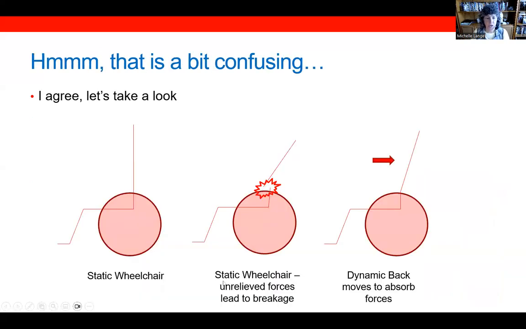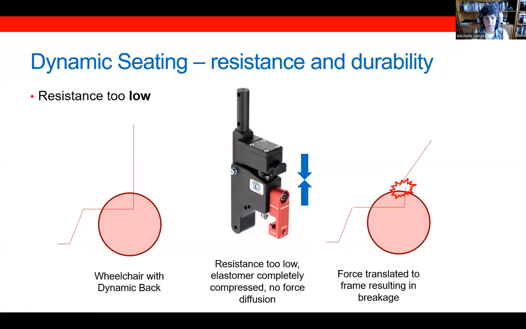So here we have a static wheelchair. In the middle here, if there are unrelieved forces occurring here, the client can push against those static surfaces like the back canes, and this can lead to breakage. A dynamic back is designed to move, to absorb those forces.